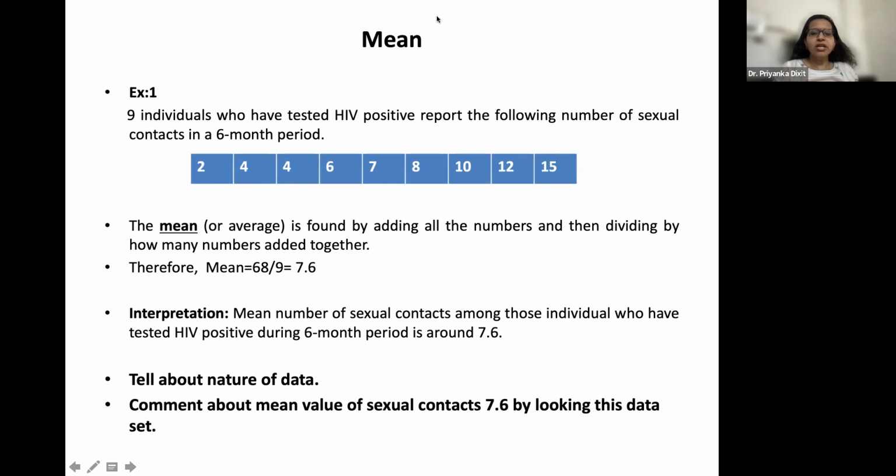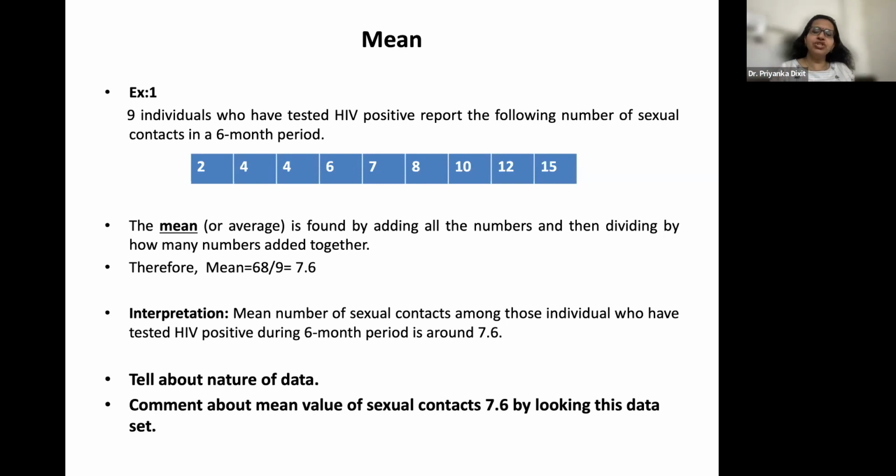So what does it indicate? That at present mean is a good indicator, na? Because my expectation without calculation was that it should lie in the middle part, and when I applied the formula, I got around the same answer. So in this situation, mean is a good indicator to show the central tendency of the data set. Is it okay? Now, what is the interpretation? That is important.